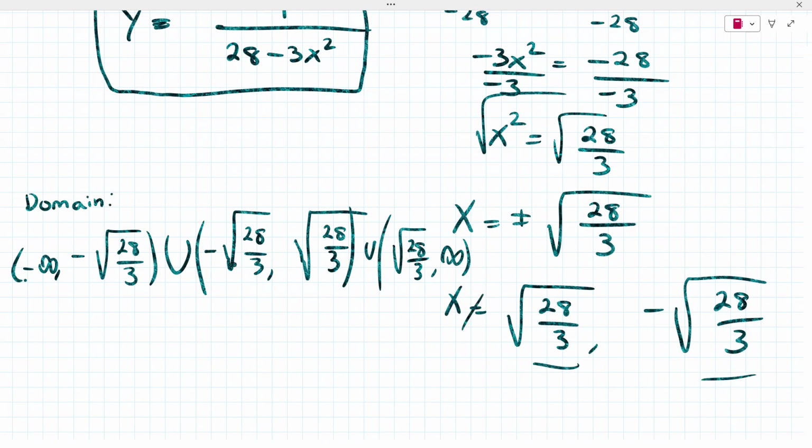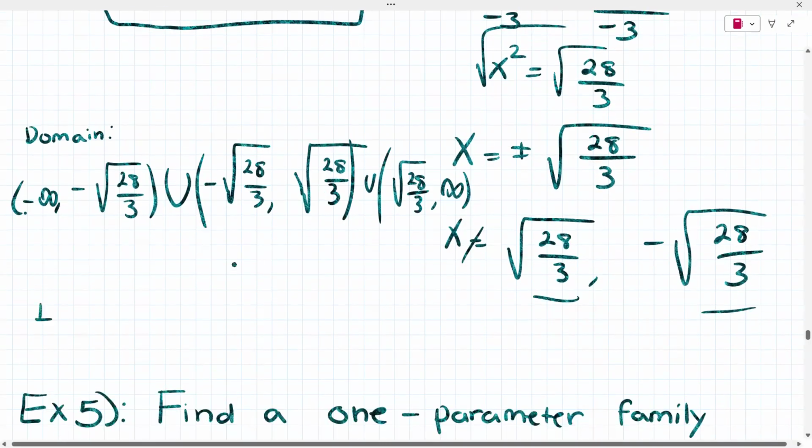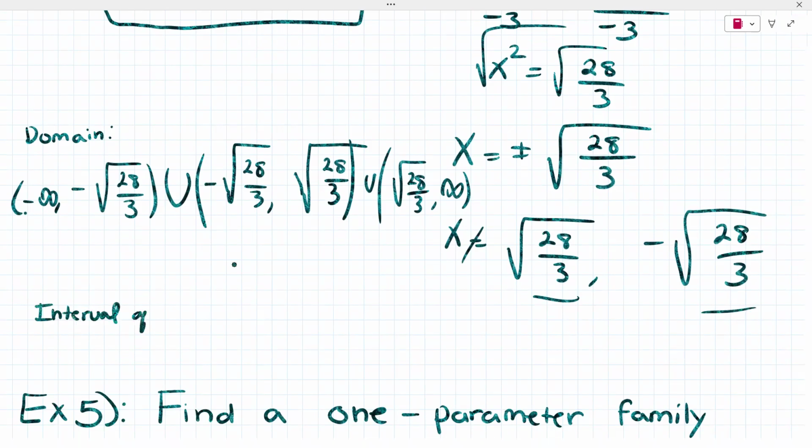So what would be our interval of validity? The interval of validity is where the graph is at.